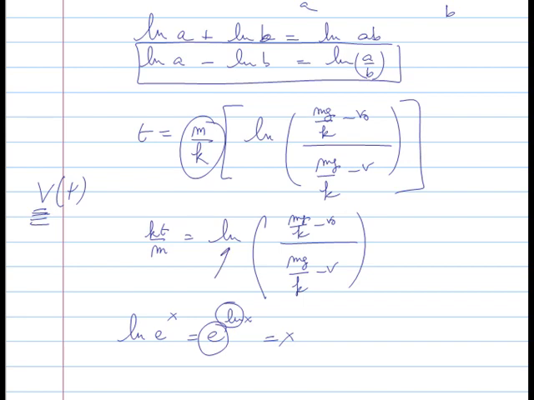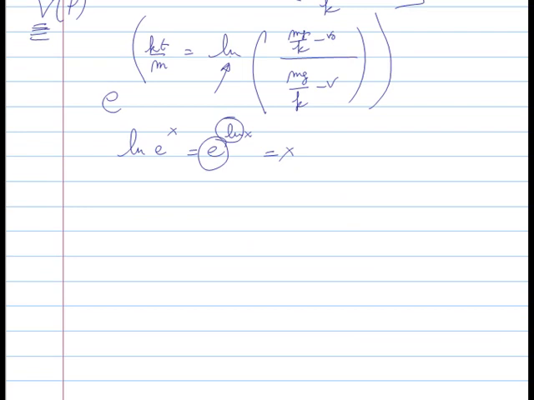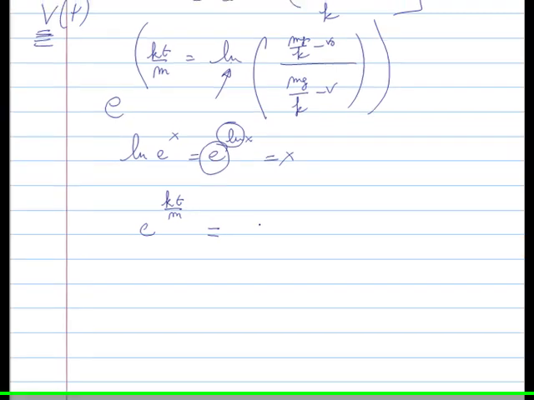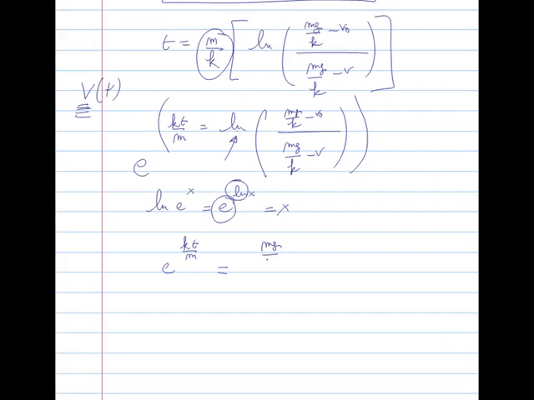So I'm going to take the exponential on both sides of this equation so I don't change the equation, and e to the ln of something will give me back the something. So the left hand side will become e to the kt divided by m, and the right hand side will be mg over k minus v naught divided by mg over k minus v.